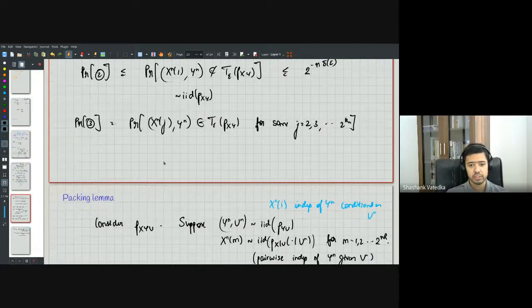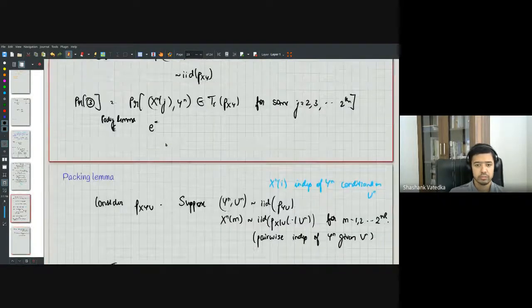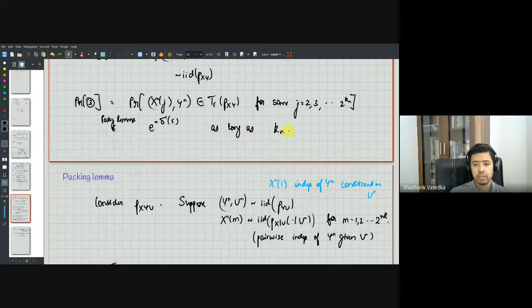Since all the x^n's are generated i.i.d. and they're independent of y^n, by the packing lemma this is less than or equal to e to the minus some constant, some delta prime of epsilon, as long as k/n is strictly less than I(X;Y), or in this particular case, less than C minus epsilon.